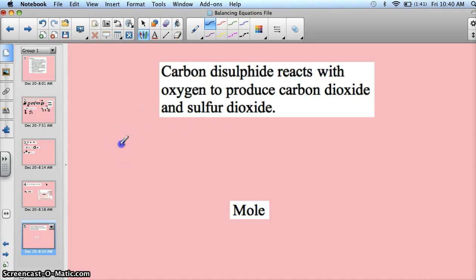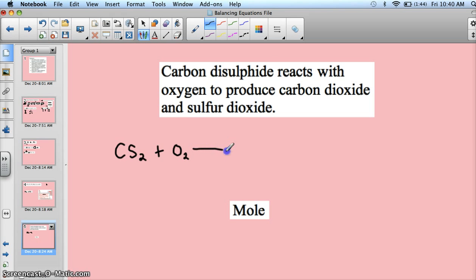So you may remember carbon disulfide, sulfide, has a 2 here because this is an ionic compound. So you take carbon disulfide and it reacts with oxygen. Hey, you can't just put regular O. It's a diatomic molecule, so you have to put O2.